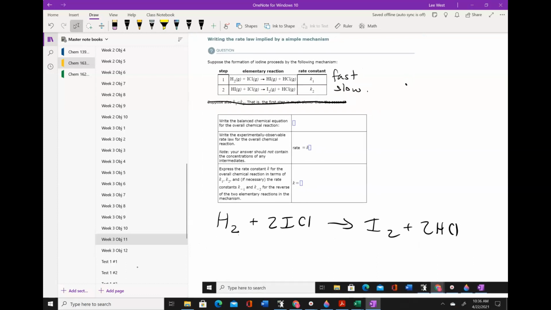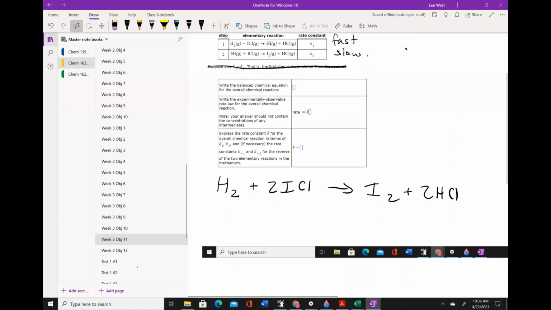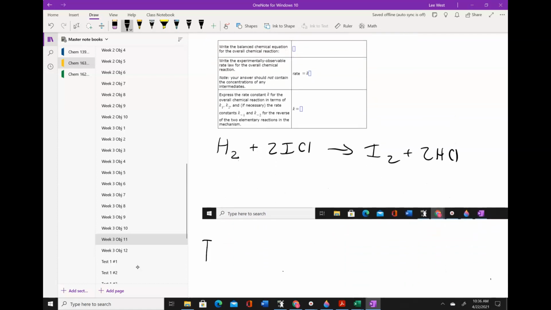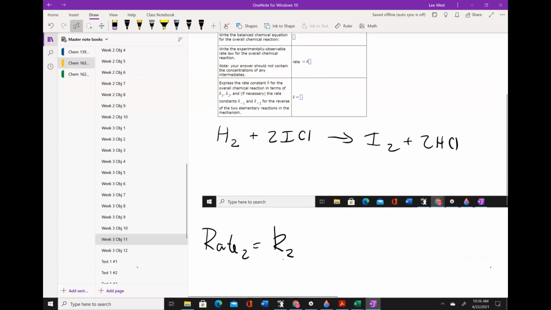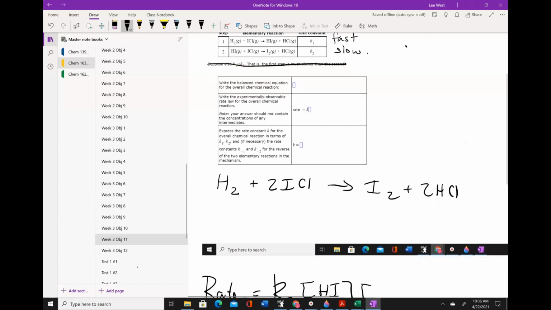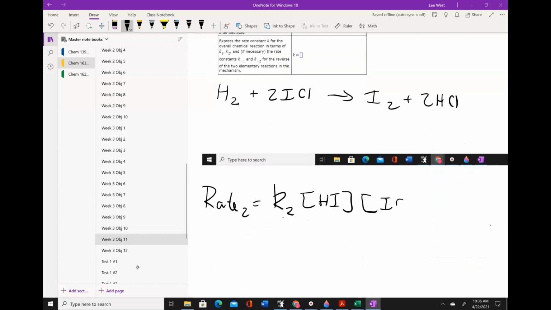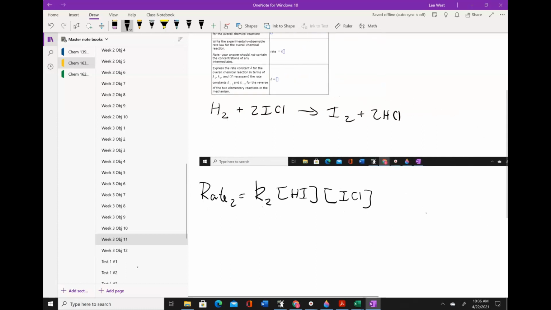All right. Now, what I know is that the second step, which is first order in HI, that one there is my rate determining step, and the rate of that is equal to my overall rate.